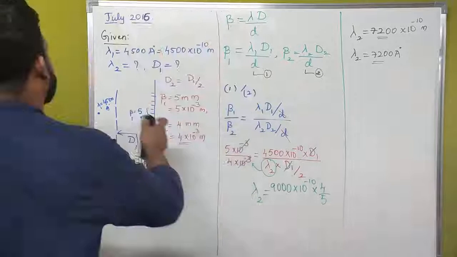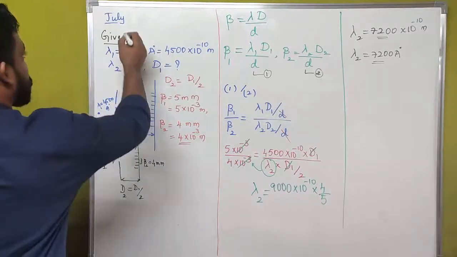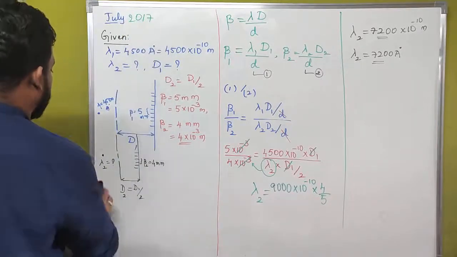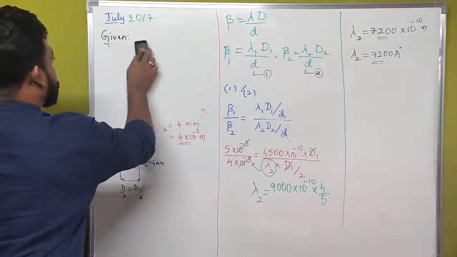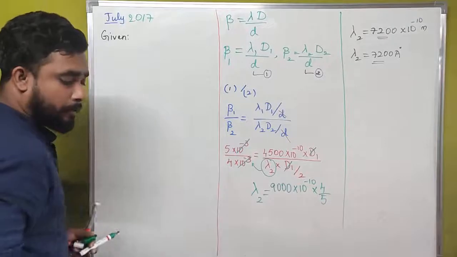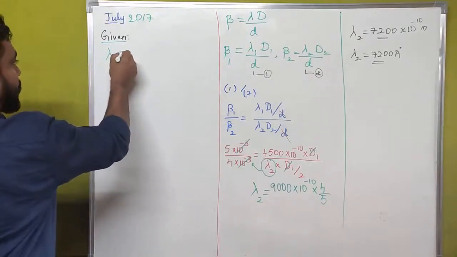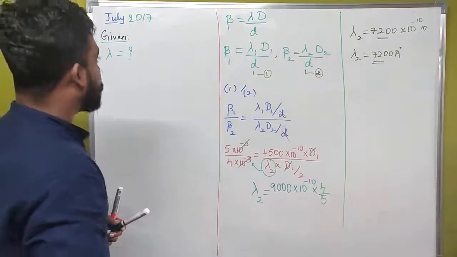Actually, the July 2017 question paper problem will be like this. Here also we have to find out the value of the wavelength, that is lambda. Lambda we have to find out, that is wavelength lambda is equal to question mark. And what are the given things here?